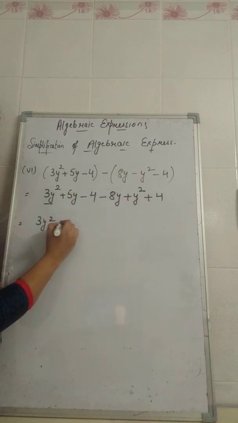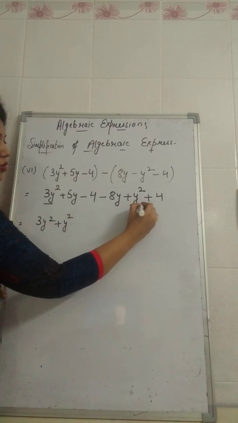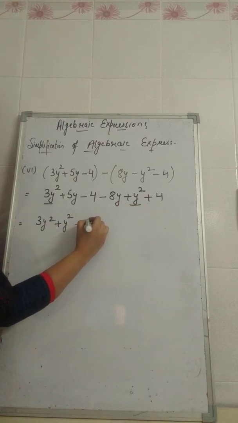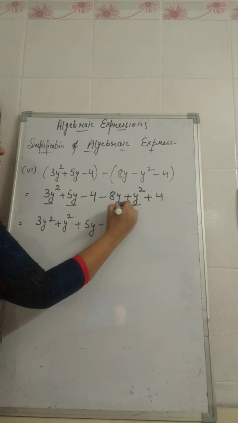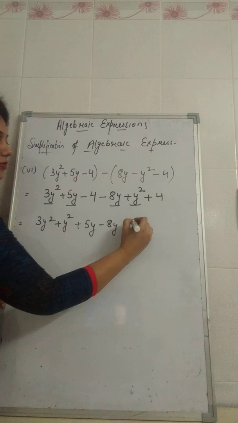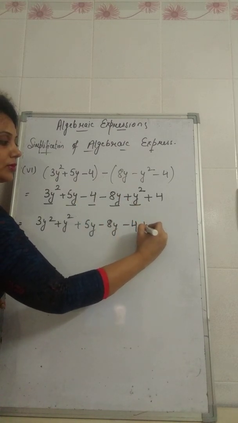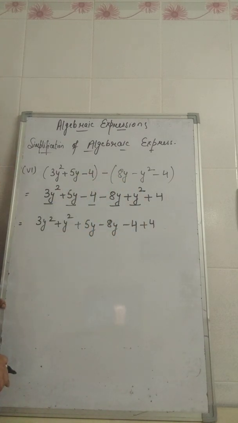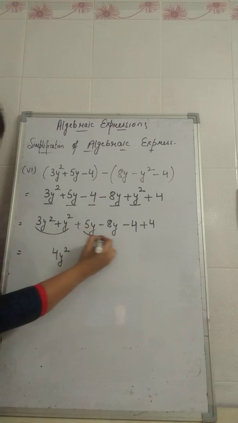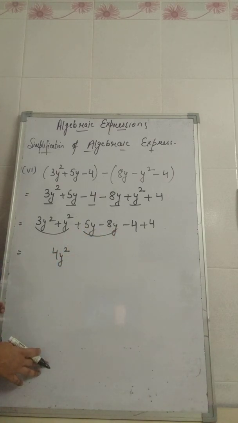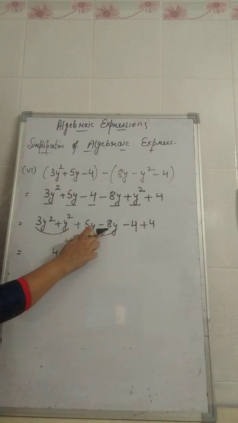Now we will see the like terms. 3y square plus y square, plus 5y minus 8y, minus 4 and plus 4. Now 3y square plus y square is 4y square. 5y minus 8y: one is positive, the other is negative.